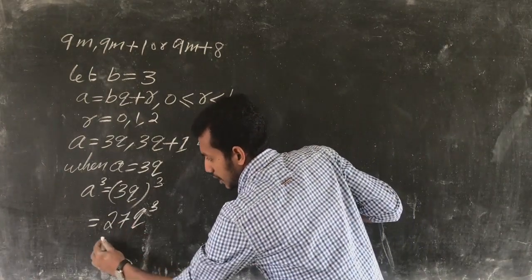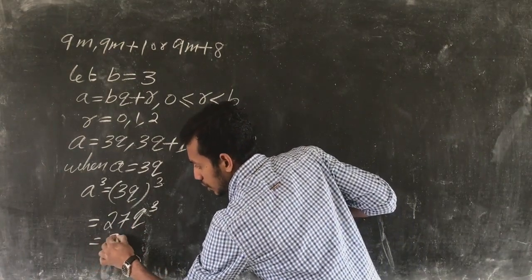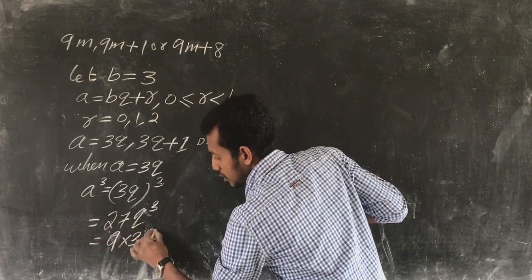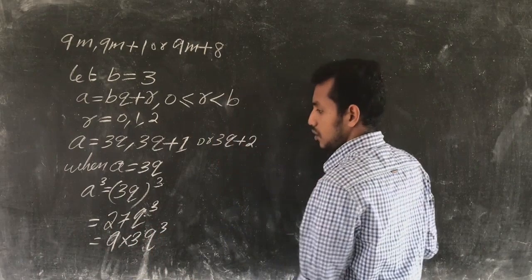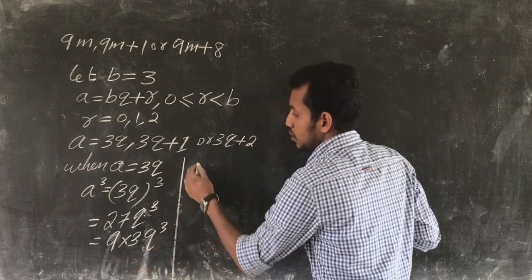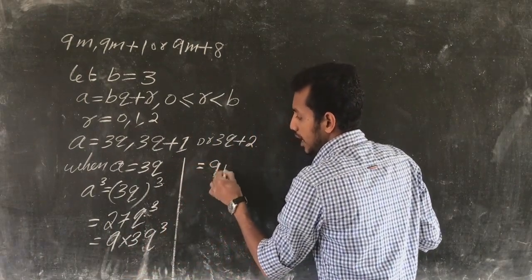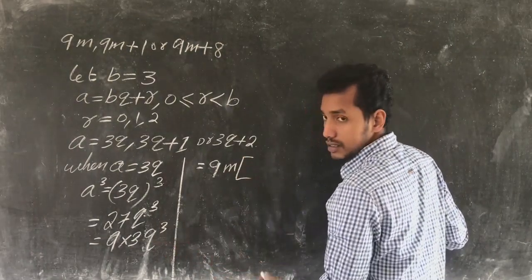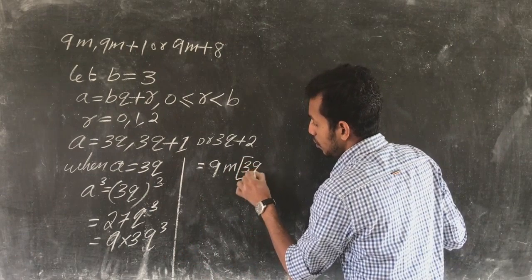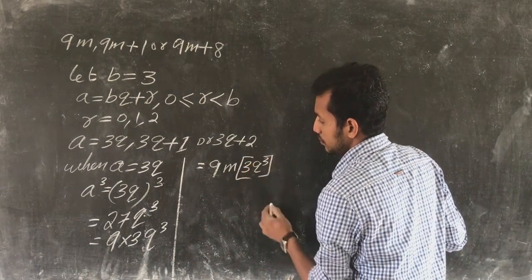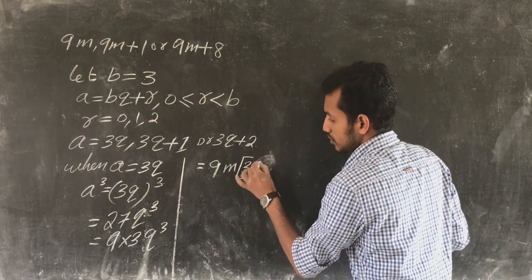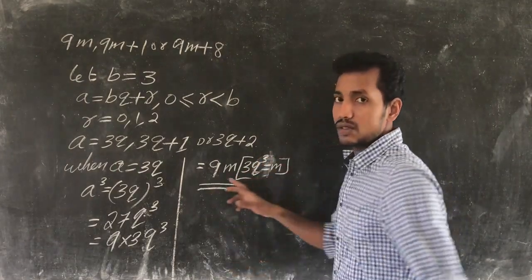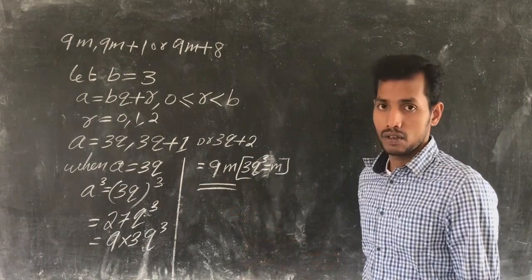And 27 we can write as 9 into 3 and q cube, which is equal to 9m, where m is considered as 3q cube. So first we represented in the form 9m.